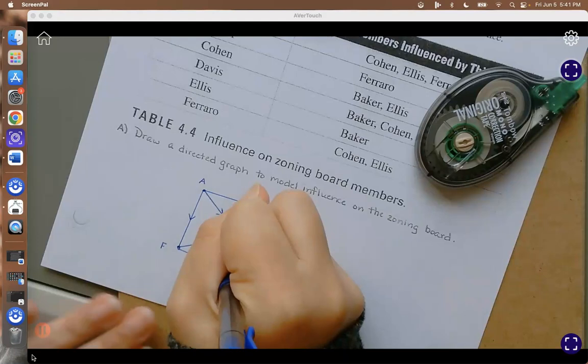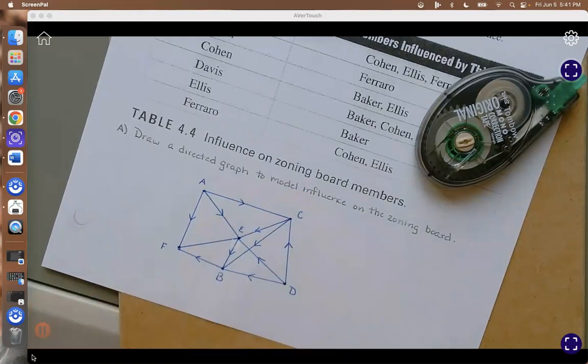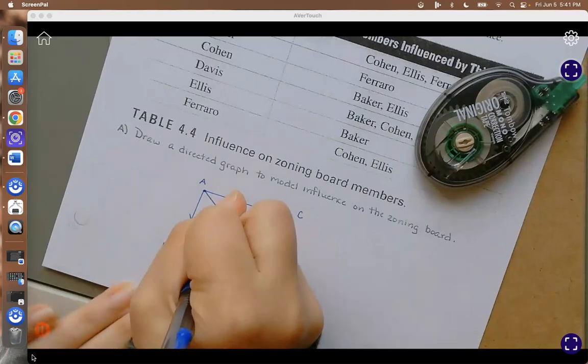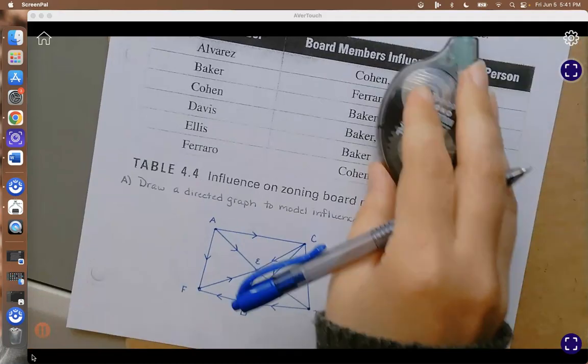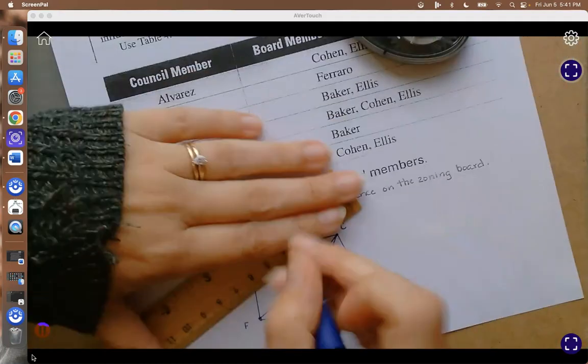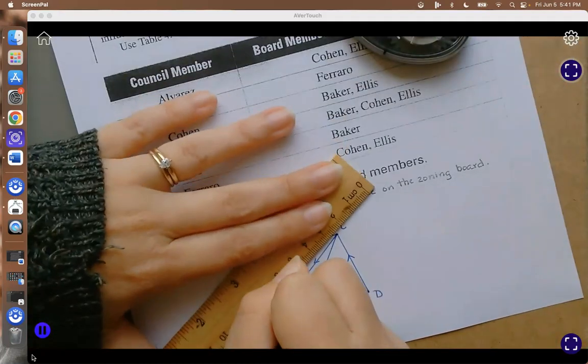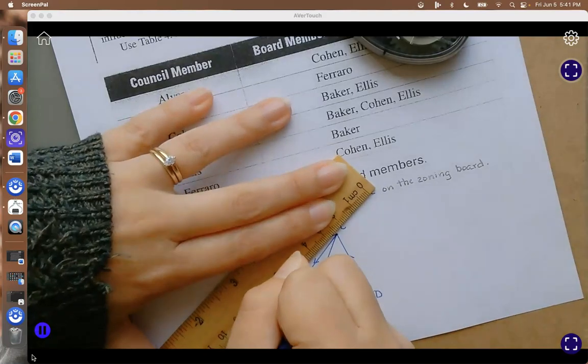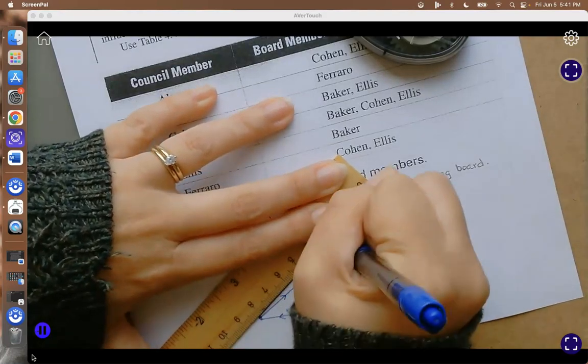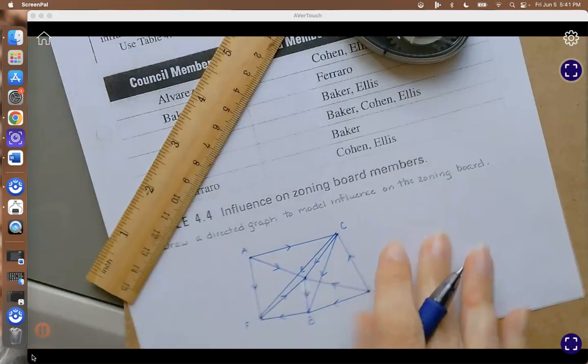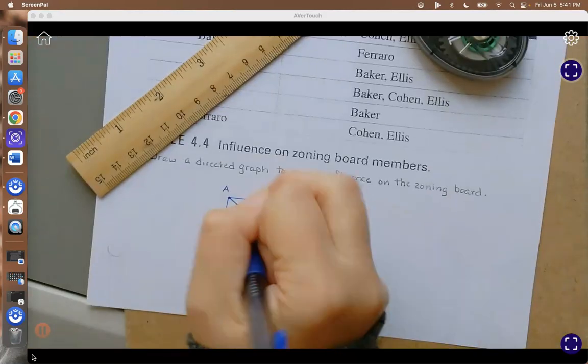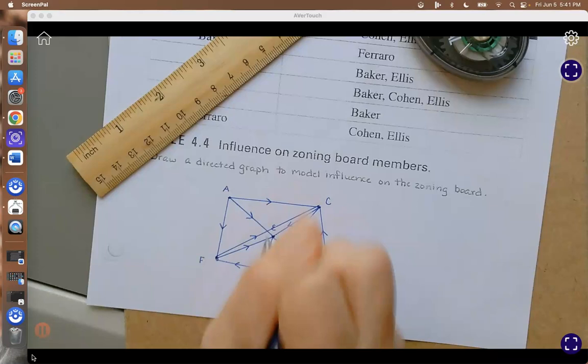Ellis has influence over Baker, and Ferraro has influence over Ellis and Cohen. Well, I said I wasn't going to draw over a letter. Guess what? I just did.